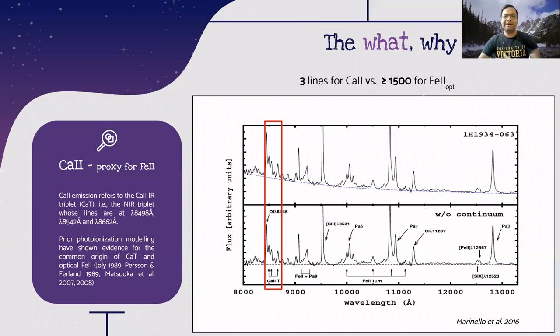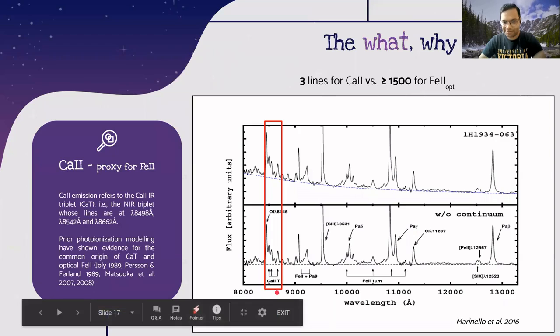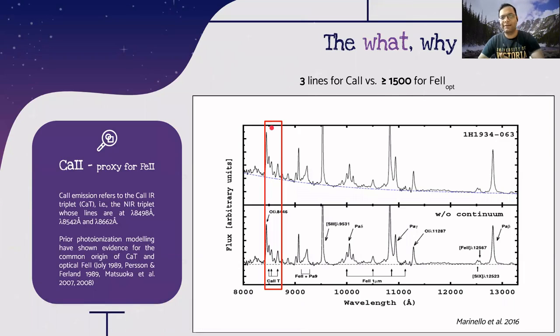To give you an idea of how different and how complicated the iron emission is compared to calcium: for iron optical emission, we had over 1,500 lines to characterize, while we only need the 3 lines of calcium in the infrared, which I'm marking here in the spectra, to characterize the same amount of emission, or at least match it up with the iron emission, which is as complicated as 1,500 lines in just the optical part.